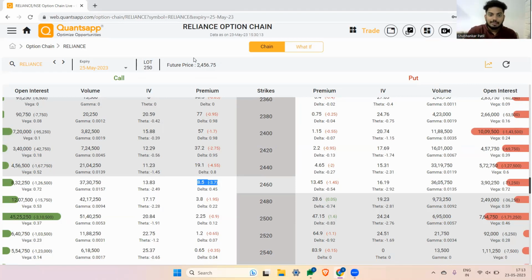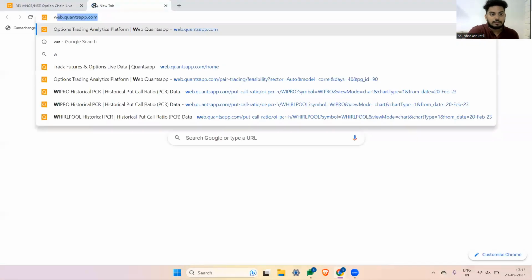And once Reliance underlying goes up from 2456, let's say it goes to 2470, then this option will have more intrinsic value versus the intrinsic value it holds right now. So intrinsic value will increase basically, so I can benefit from that. That is the first strategy that comes to my mind when I'm having a bullish view on any specific instrument.